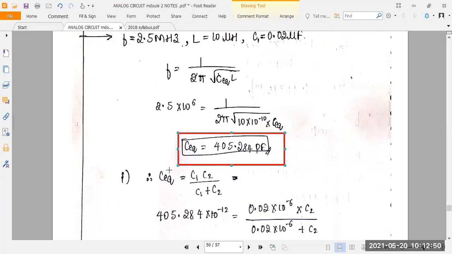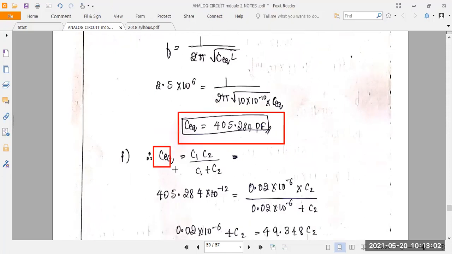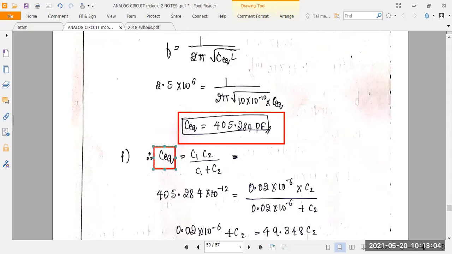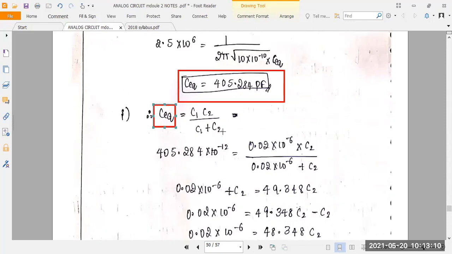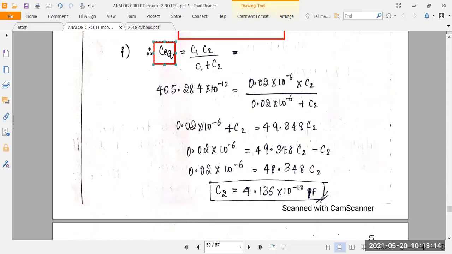After that, you take the C equivalent formula. What is the C equivalent formula? C1 into C2 divided by C1 plus C2. But here we know the value of C1. We don't know the value of C2. But here you got C equivalent, substitute here. What you got from the above equation, that is 405.28 picofarad. From this equation, C2 you take it outside here.